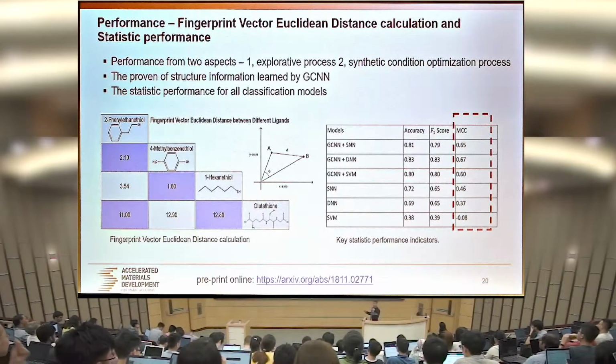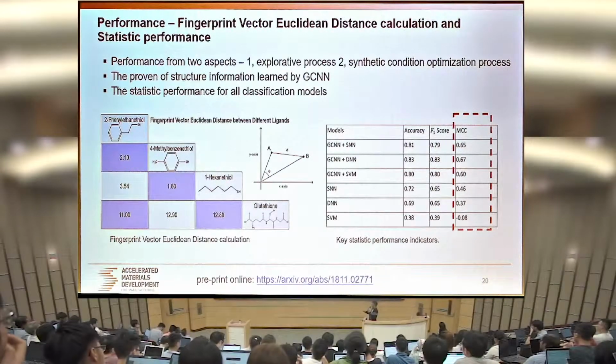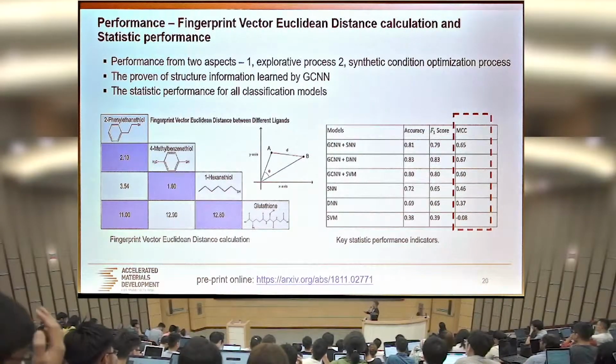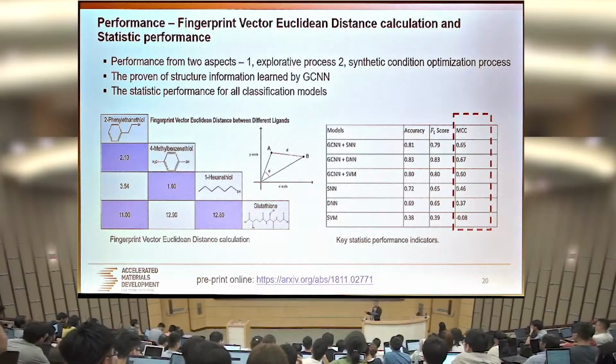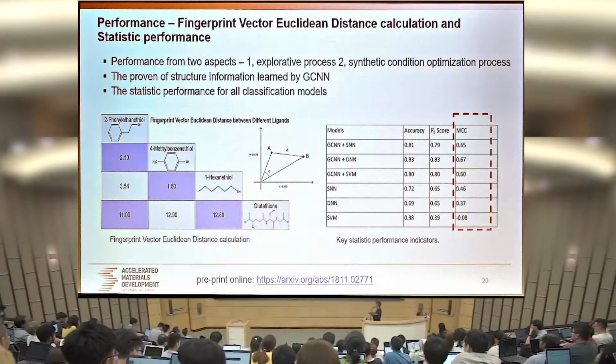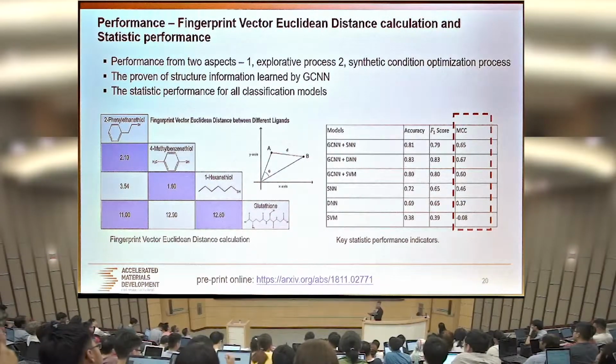Because we output a fingerprint vector, each ligand has a fingerprint vector to describe it. For the 3 thiol molecules belonging to the same group, they have quite a small Euclidean distance between each other. For another group of molecules, such as glutathione, it has quite a large distance from the others. So it proves that the structure information has been learned by our GCNN neural network.